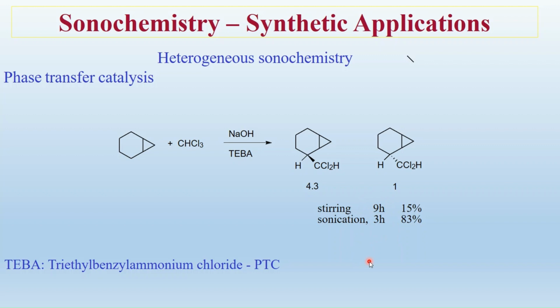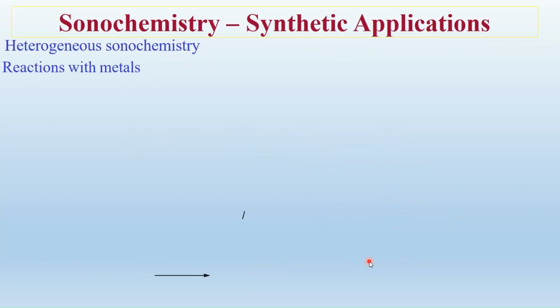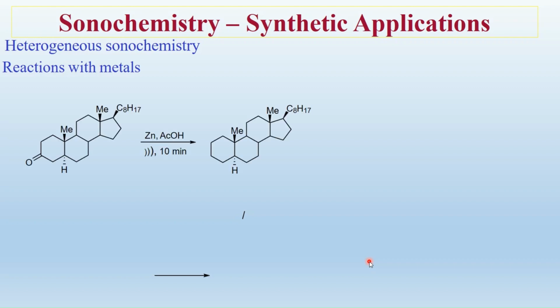Another set of reactions is reactions with metals. A cholesterol derivative, when it is treated with zinc and acetic acid and ultrasonicated, got converted into the corresponding derivative within 10 minutes, which took several hours in the conventional method of heating.